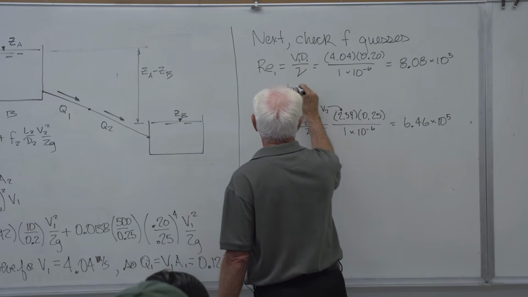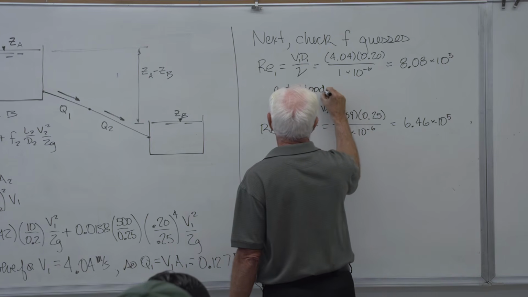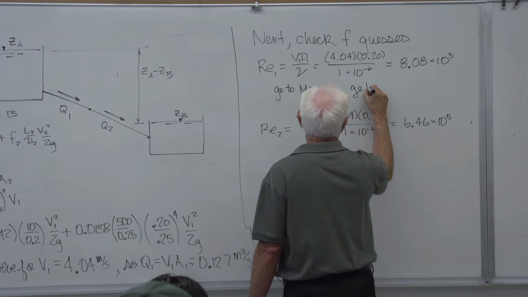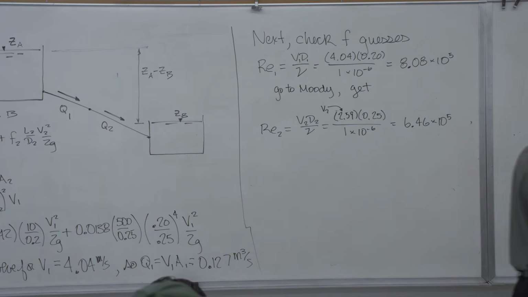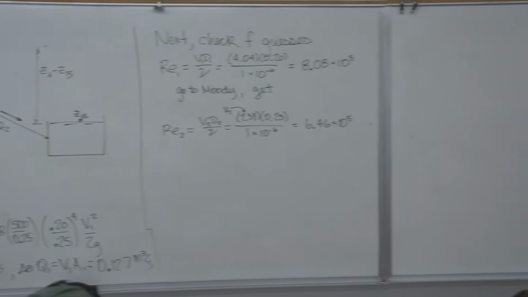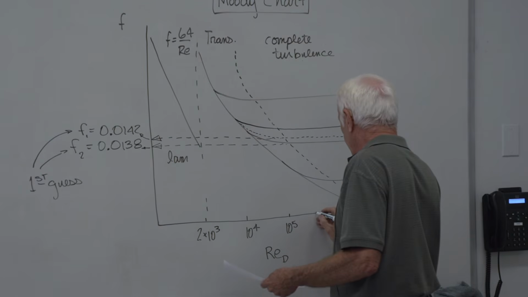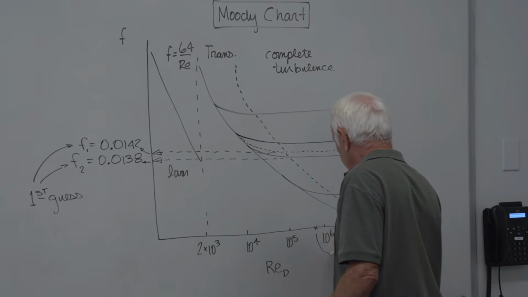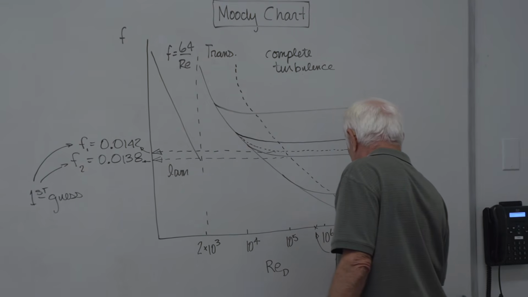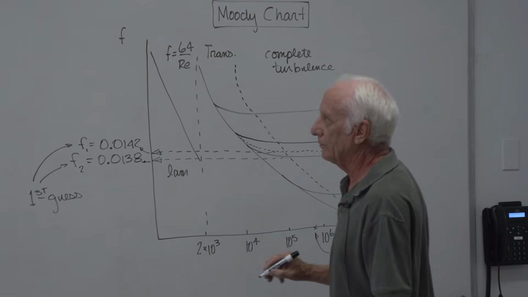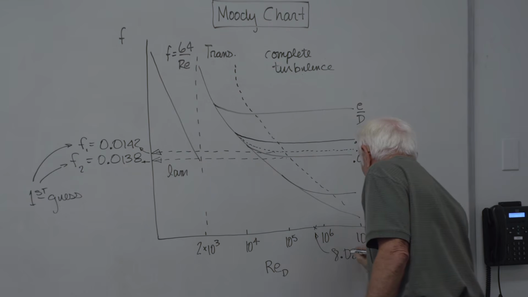Go to Moody. Get 8.08 times 10 to the 5th. Here, I go over here.